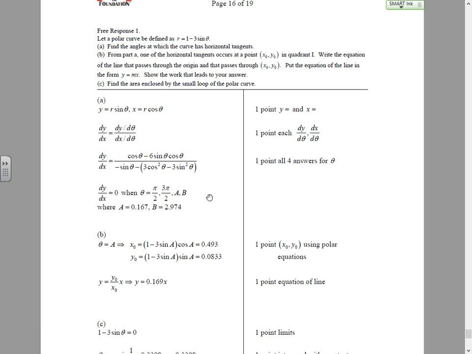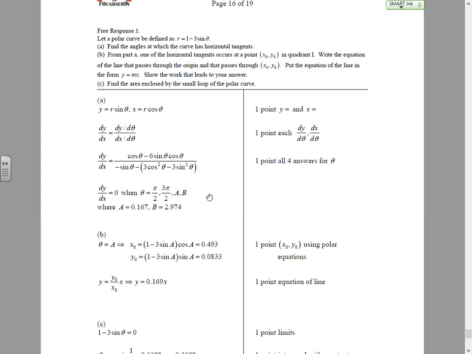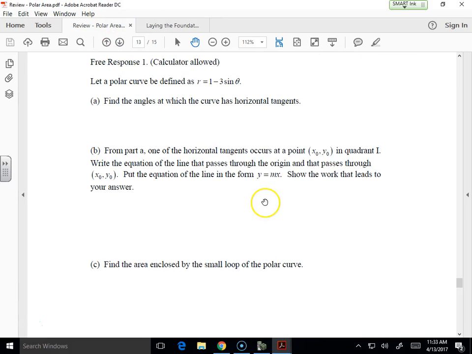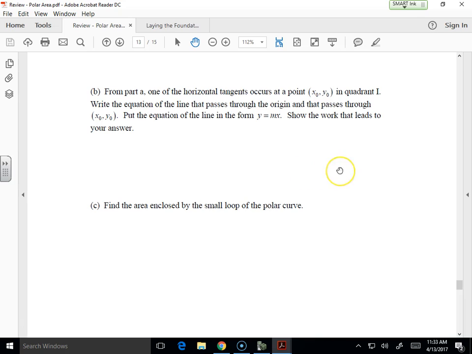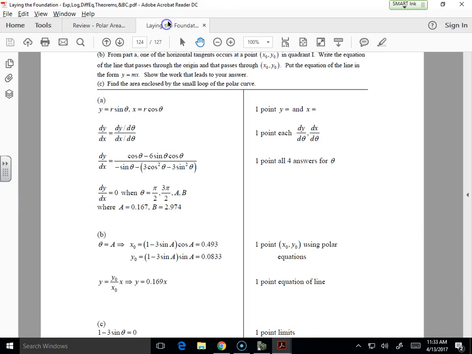But B was the next one you guys were asking about, right? Did they just list them out? Oh, 2. Why did they only list 2, not a bunch? It says quadrant 1. Oh. Write the equation of the line that passes through the origin. So if you're looking at each of your angles, 2.9 would be in the second quadrant.